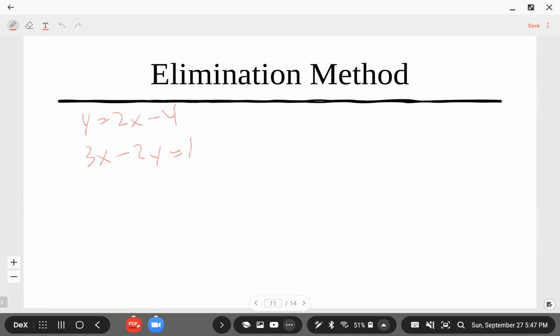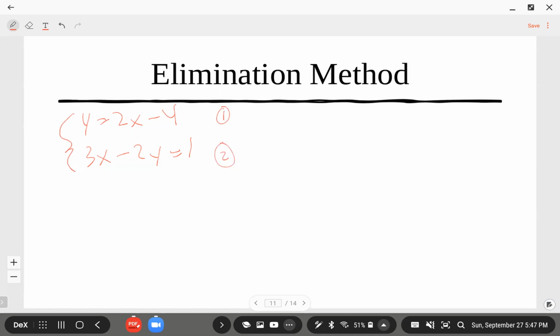Okay, very good. So I copied the problem from our substitution problems. So this is equation 1, equation 2.